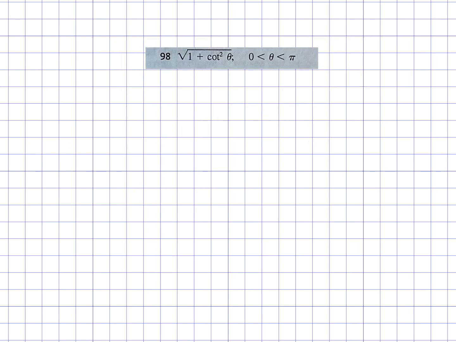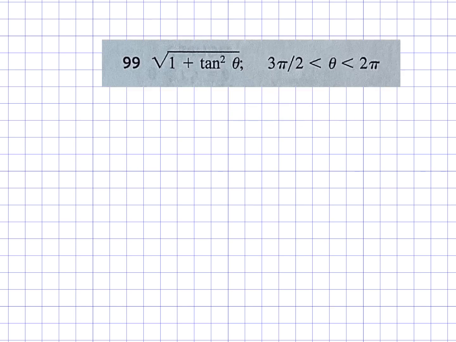All right, so now we have 1 plus the cotangent squared of theta. Same type of thing. That's equal to the square root of cosecant squared of theta, or just the cosecant of theta. Okay, and from 0 to 90 degrees, everything's positive, so that's our answer. Again, this is just like the other ones.